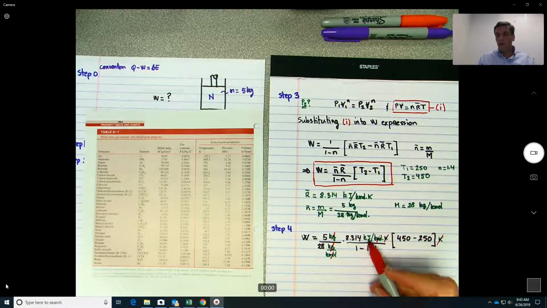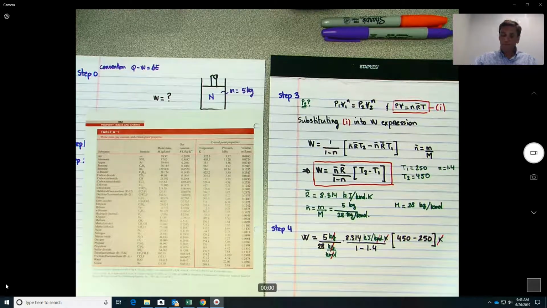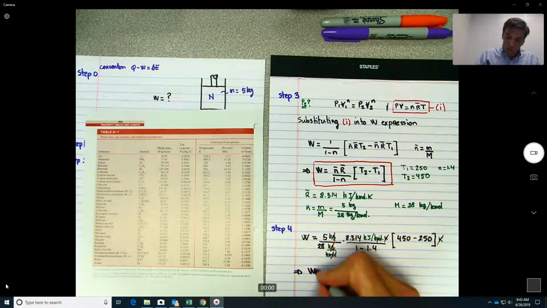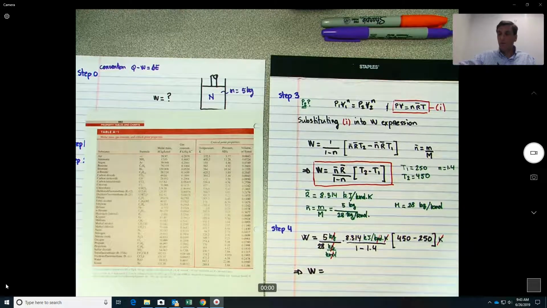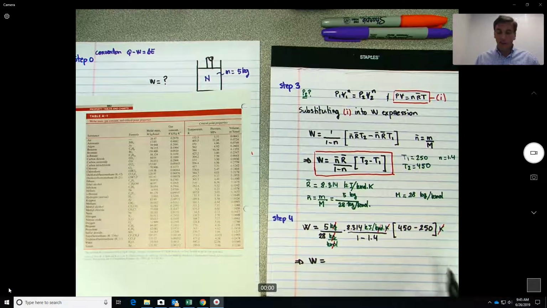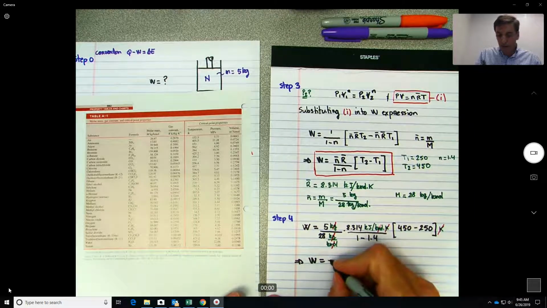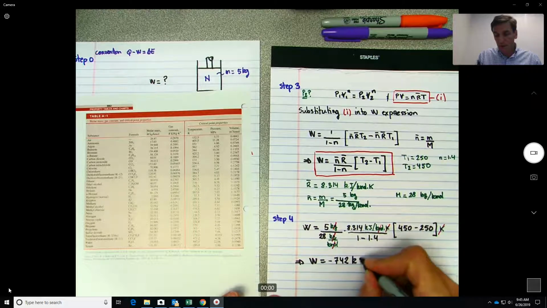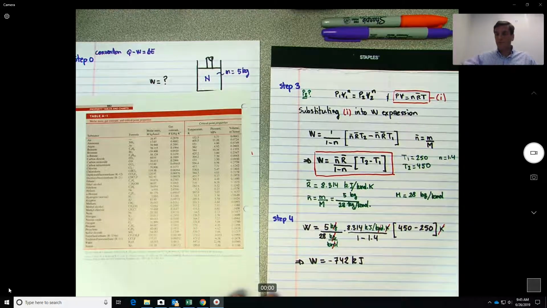At the end, we are only left with kilojoules. So let me pause the video for a second as I do the calculation in my calculator. Okay, so after plugging the numbers, you find out that it's equal to minus 742 kilojoules.